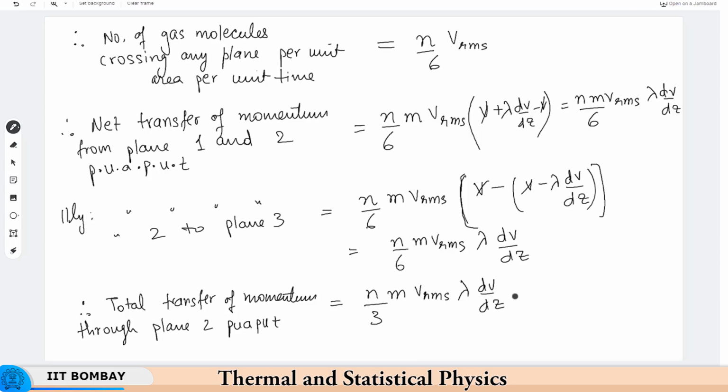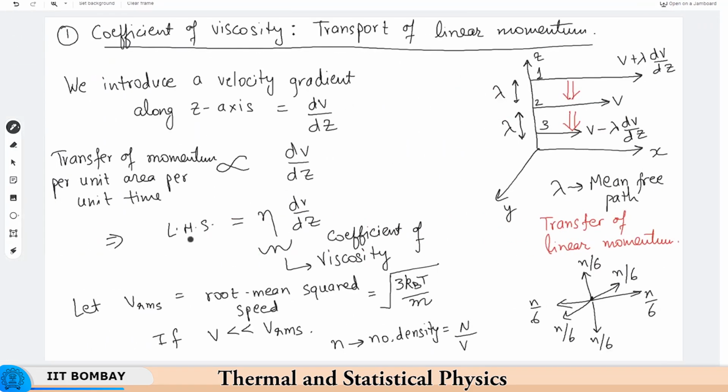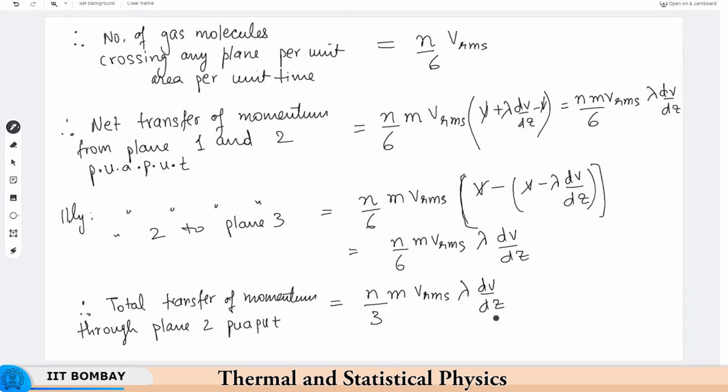Okay. So then what will be the coefficient of viscosity? Remember, the coefficient of viscosity is nothing but transfer of momentum per unit area per unit time divided by the magnitude of the velocity gradient. So therefore eta simply becomes this term divided by dV by dz.